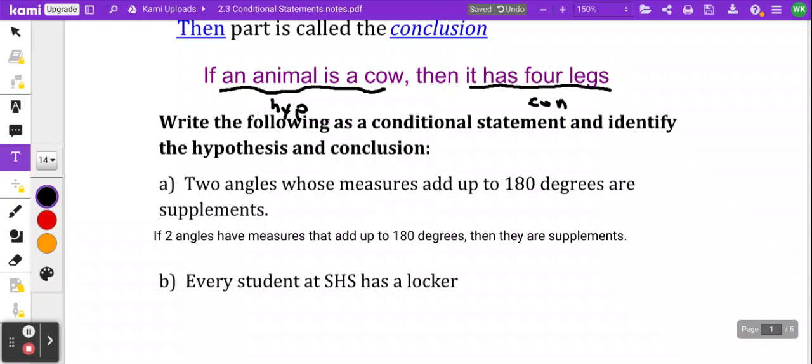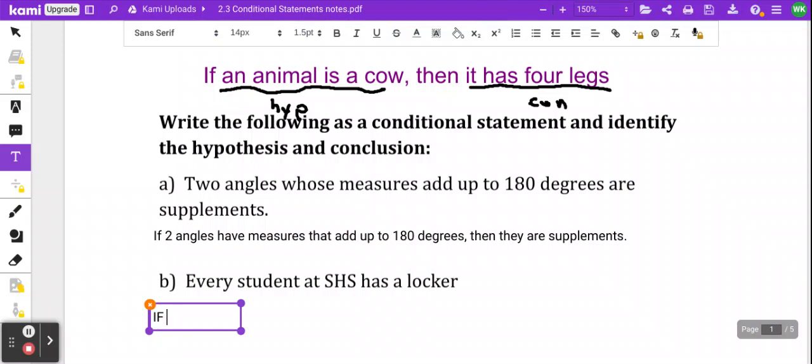Every student at Simsbury High School has a locker. So I can write this using if, I've got to put a text box. If a student exists at SHS, then they have a locker.